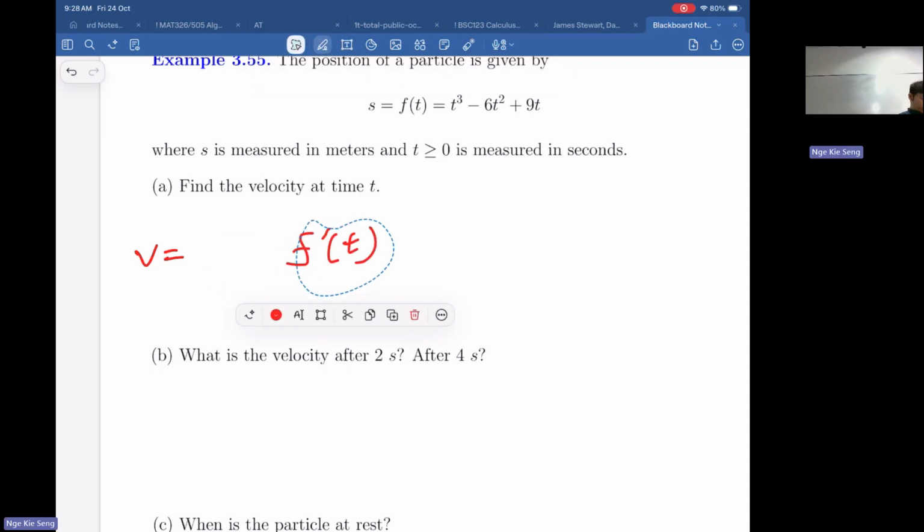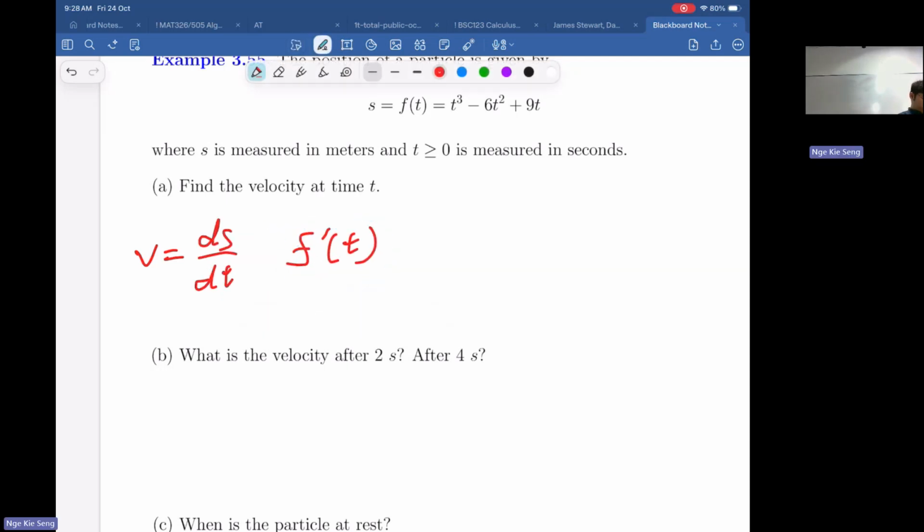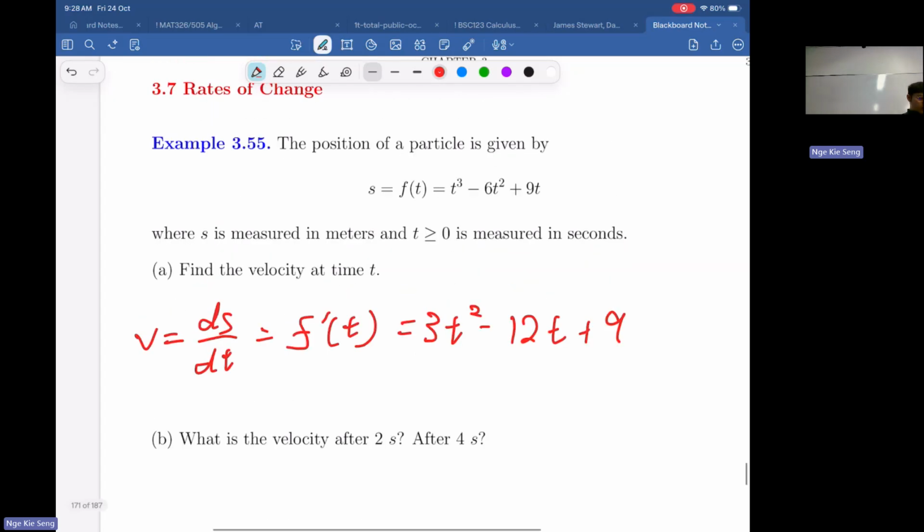Another way to write it is ds over dt. These are all equivalent ways. If you quickly compute it, it's just 3t squared minus 12t plus 9. So what's the velocity after 2 seconds, 4 seconds? You need to make sure the unit we use here pairs up with the question.